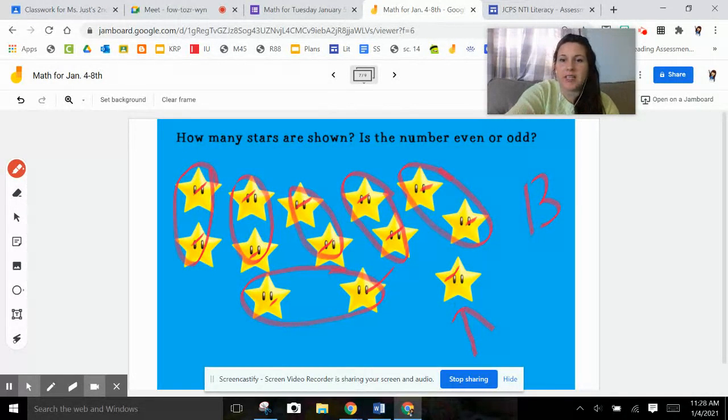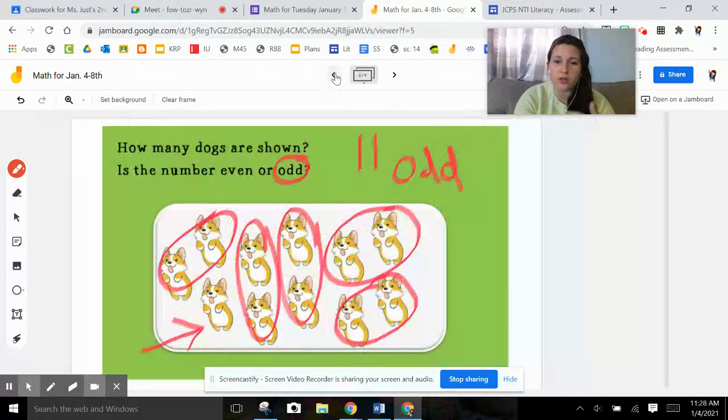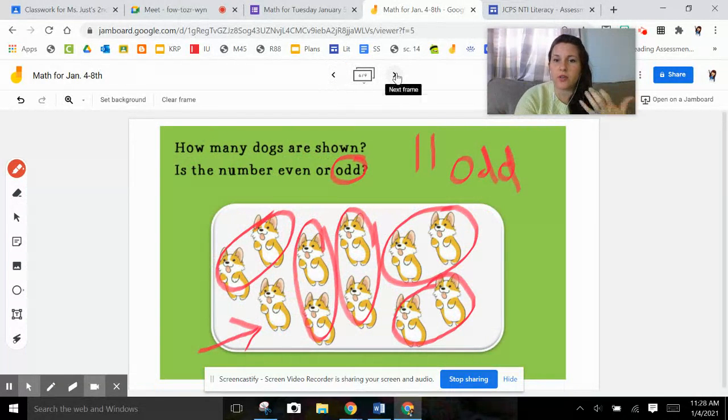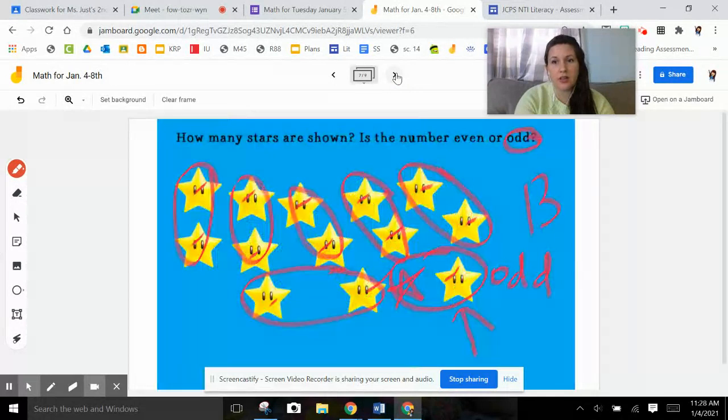That means our number is odd, O-D-D. Now, if we had another star right here, and we were to give these pals, everyone has a friend. That would make our number even. But that wasn't the case in this image with our group of stars or this image with our group of corgis. There was always an odd man out, so the number was odd, okay?